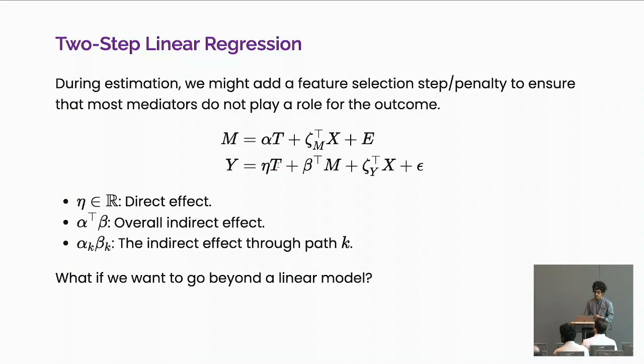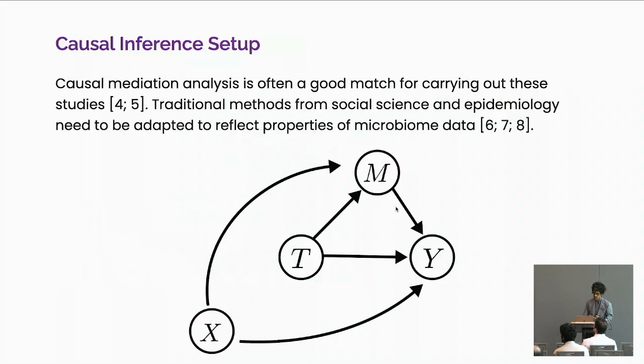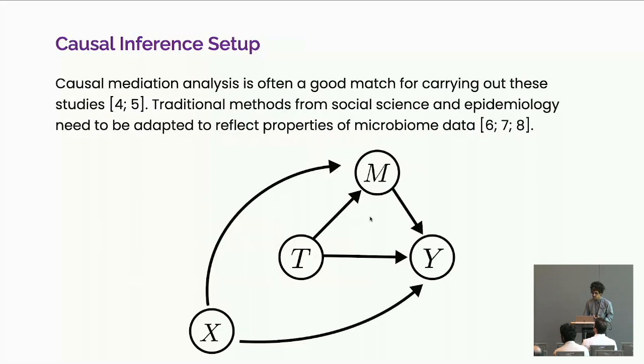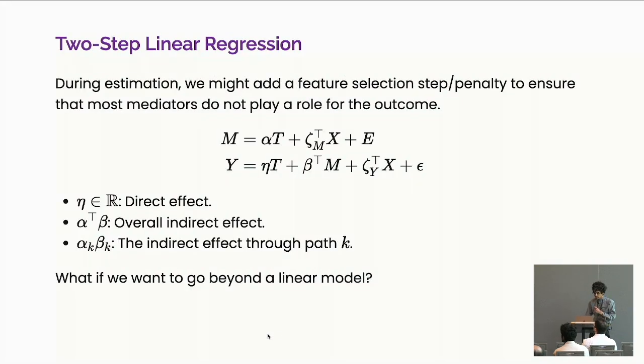Right, so these are just putting coefficients on these paths. So M has T and X going in, Y has M, T, and X going in. The thing that people are often interested in is this alpha transpose beta. It's from the treatment to the mediator, then the mediator to the response. It's exactly that effect that's traveling through the mediator.